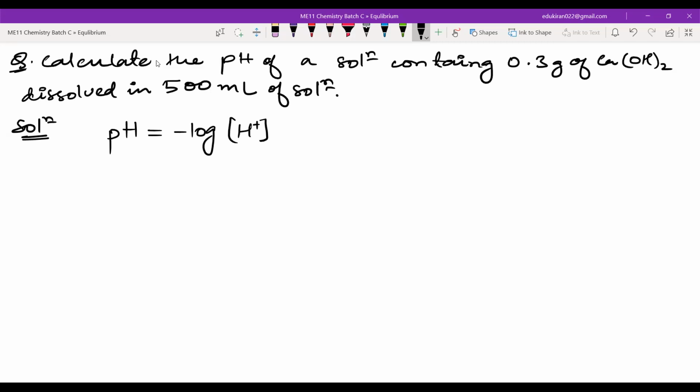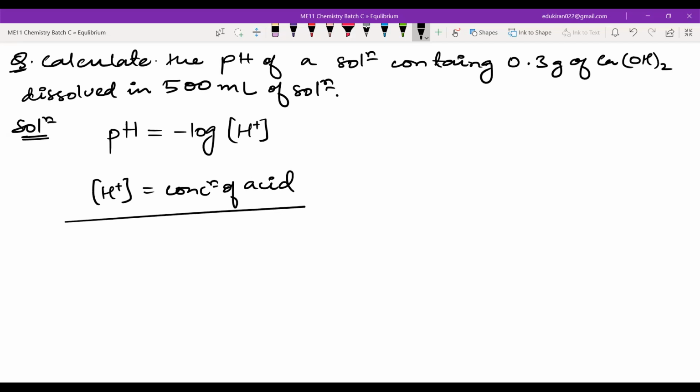So now we will see how we can calculate the concentration of H plus. We know that the concentration of H plus is equal to the concentration of acid, if I have an acid. Yes or no? So do we have an acid, and is the concentration of acid given here?